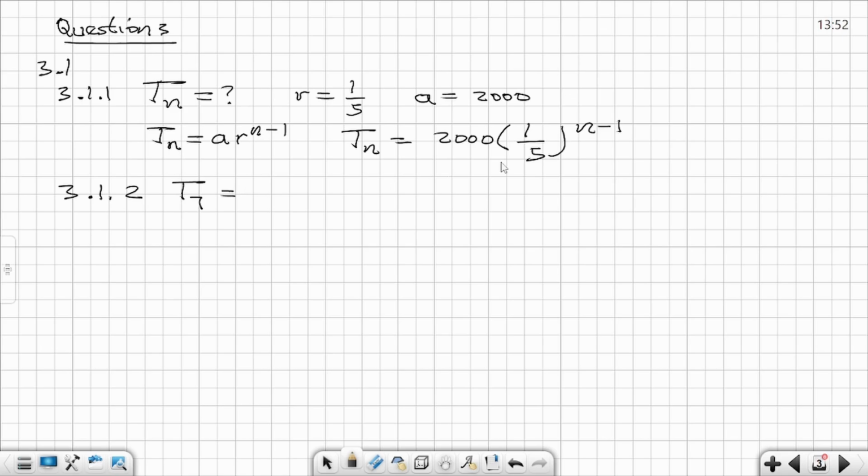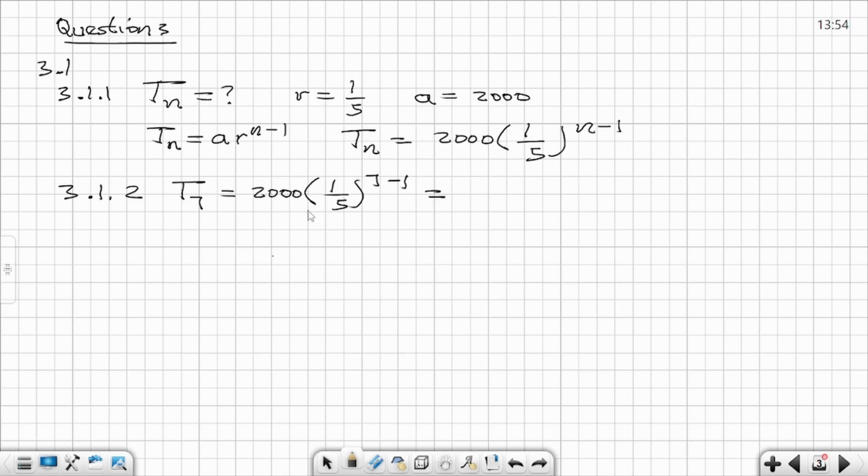It will be 2000 times, in bracket, 1 over 5 to the power of n minus 1. So n will be replaced with 7 because we are calculating the seventh term. So it will be to the power of 7 minus 1.